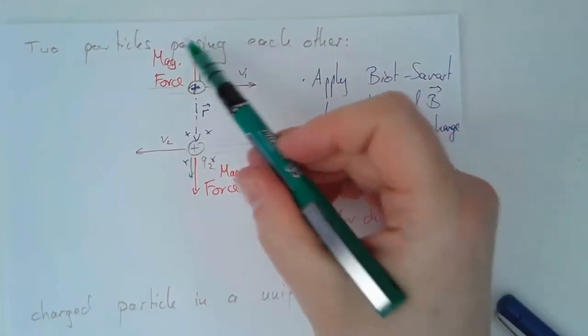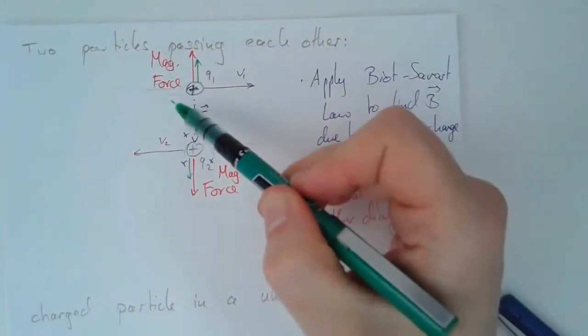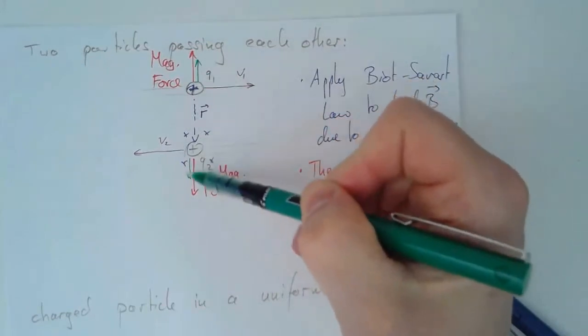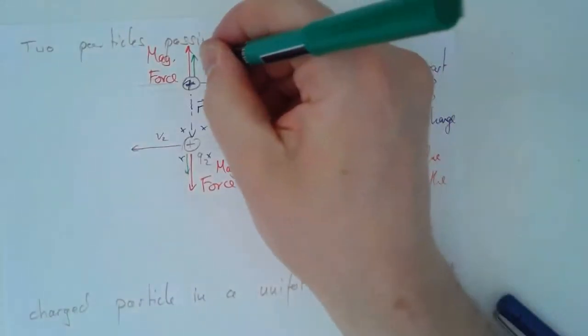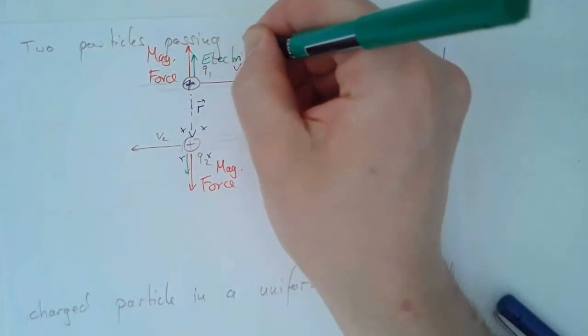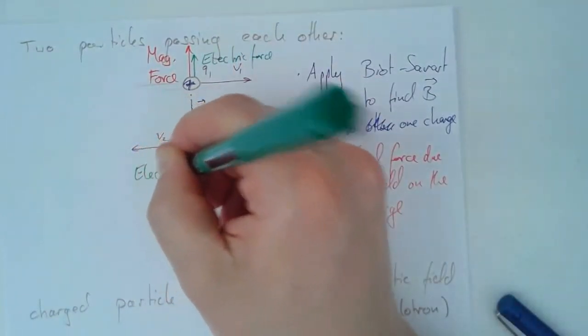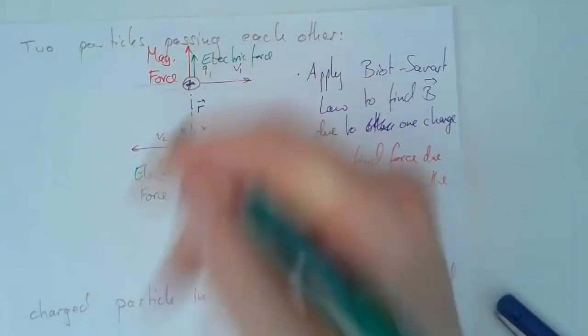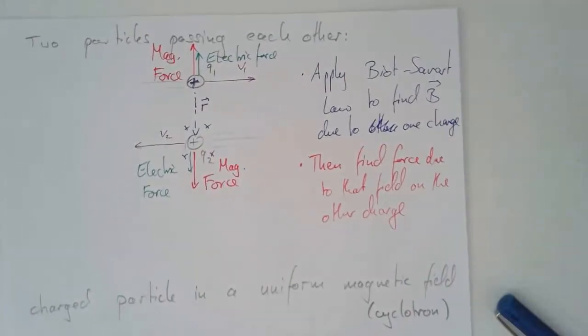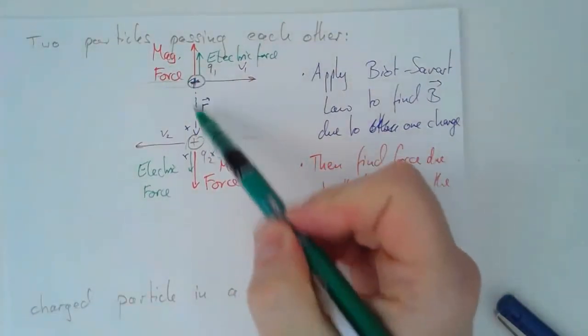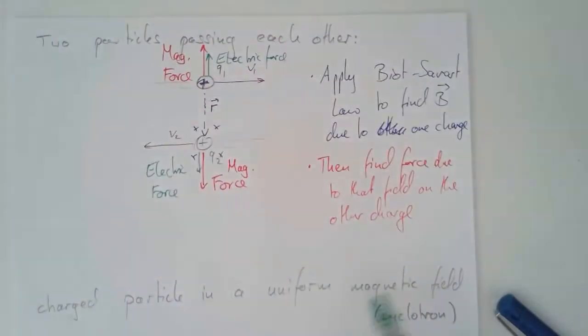If you're moving faster, the magnetic force might be the stronger one. If you're moving more slowly, then the electrostatic force might dominate. Of course, in many examples that we're doing, you might only worry about the one, but physically they're both going to be there. You've got two charged particles.